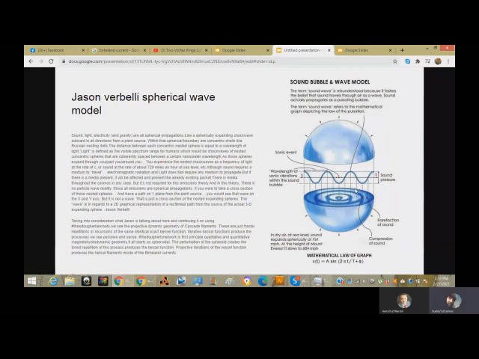And I'm going to read a quote here from Jason Verbelli. Jason Verbelli, if you don't know him yet, is on the Real Verbs YouTube channel, or Jason Verbelli on Facebook. Sound, light, electricity, and gravity are all spherical propagations, like a spherically expanding shock wave, outward in all directions from a point source.